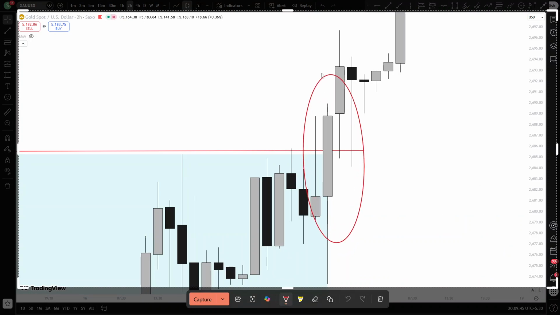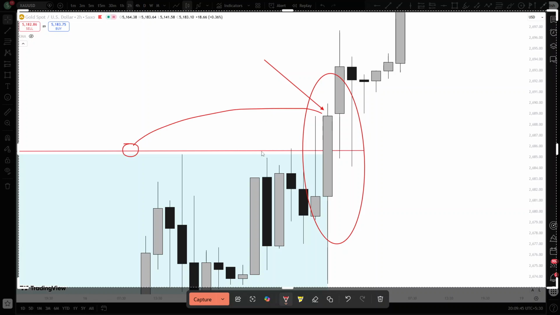This candlestick is the one which gave us a break of structure. This is the structure which was broken by this candlestick.